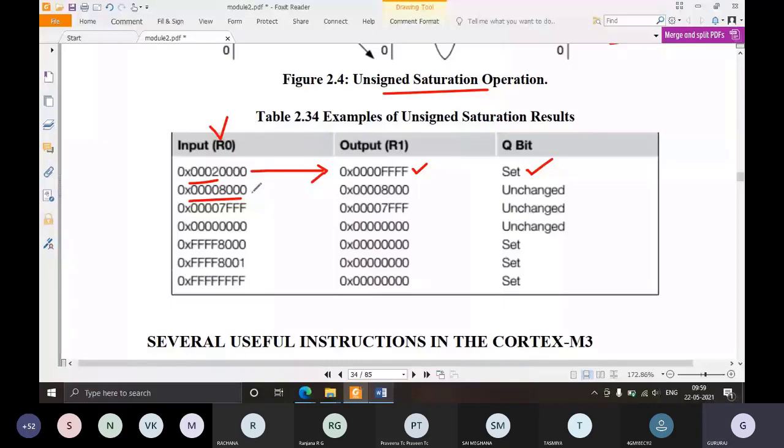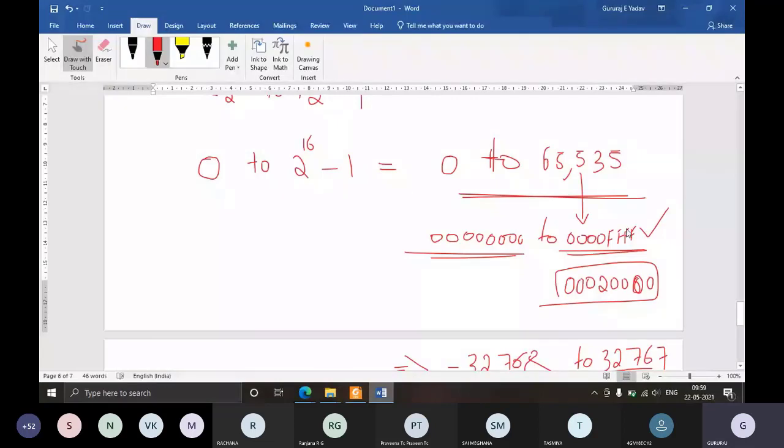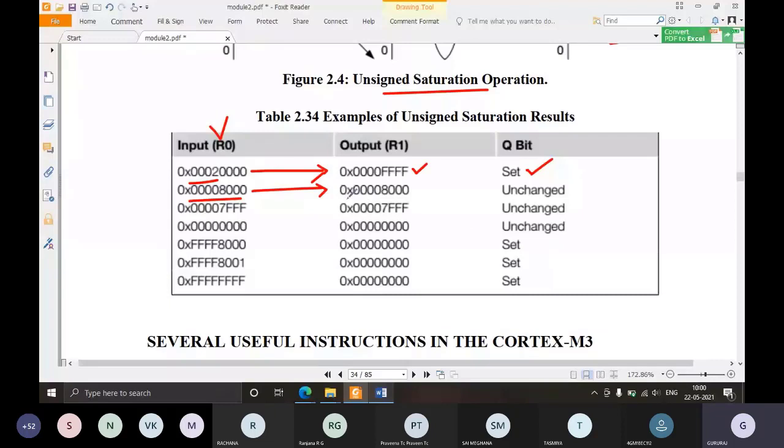Yes, because the maximum value is 4 zeros followed by 4 F's. So obviously this value is within the range, hence no saturation will take place. Whatever the value is, it is preserved as it is, and the Q flag is unchanged.